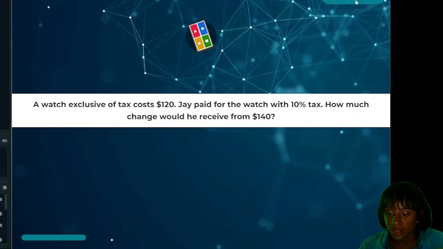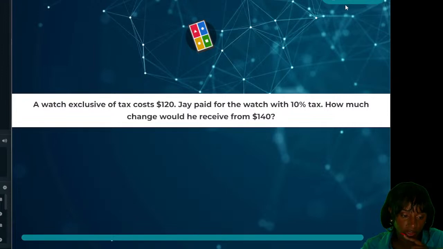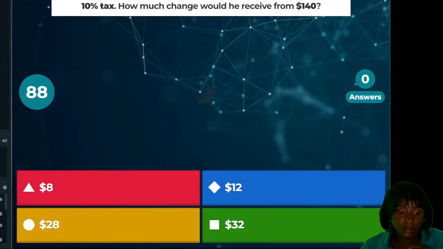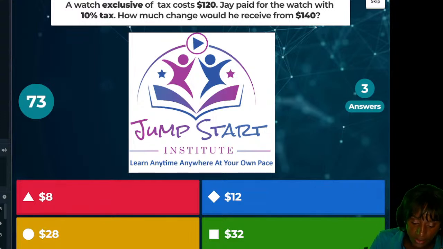Okay, number 9. A watch, exclusive, so that means that the tax is not included, $120. J paid for the watch with 10% tax. So that means that when J paid for the watch, he had to pay 10% tax included. How much change? Answer the question that is given to you. The question asks you for the change.